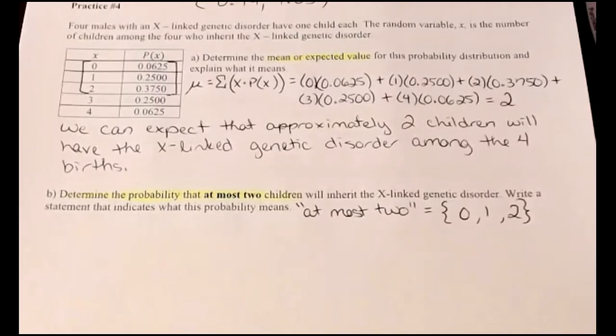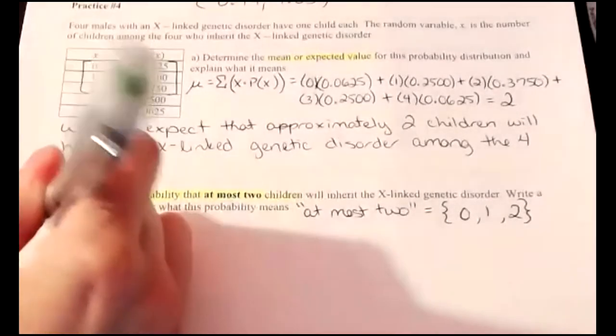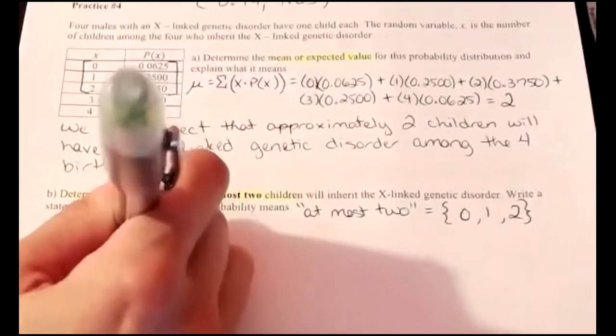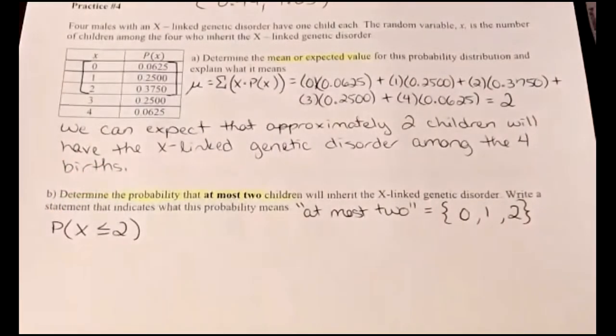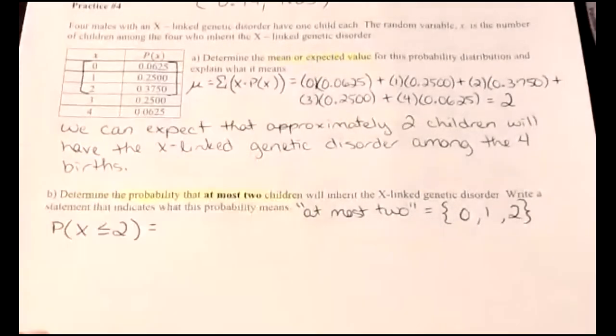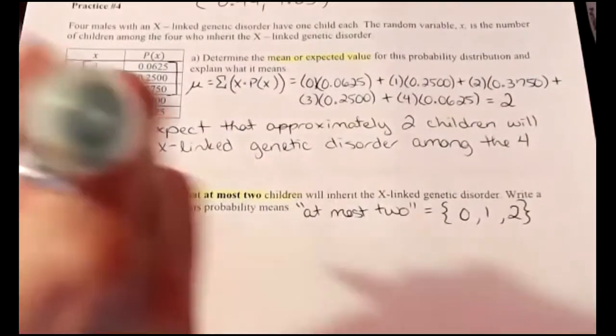Now I'm going to write the probability statement so that you're familiar with this. The probability that our random variable, the number of children, will be at most 2. Notice how I wrote this out. X is less than or equal to 2 because we're including 2. That's going to be found by taking the sum of each of those probabilities.